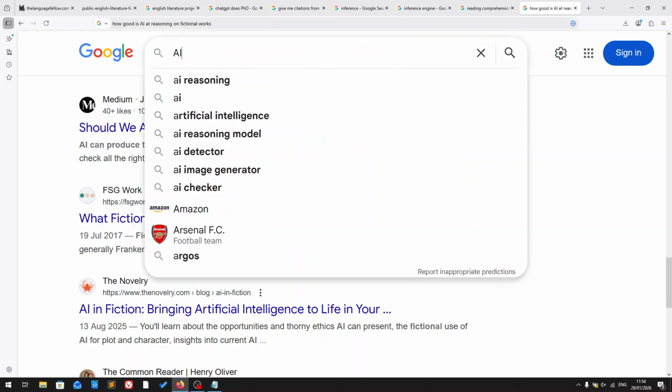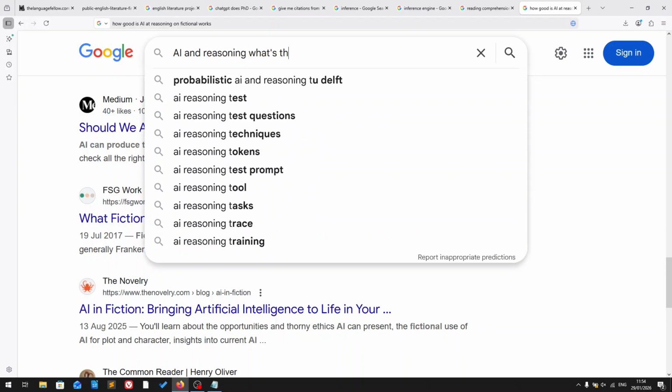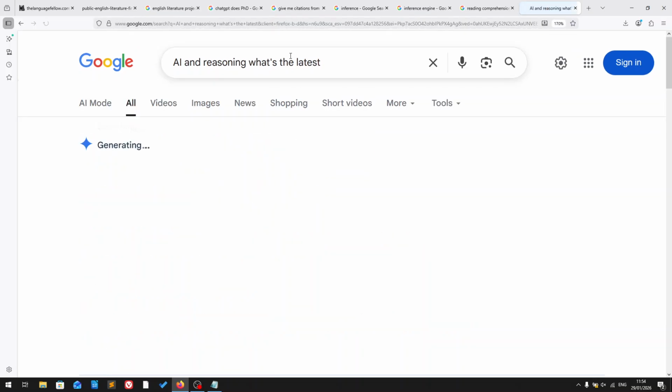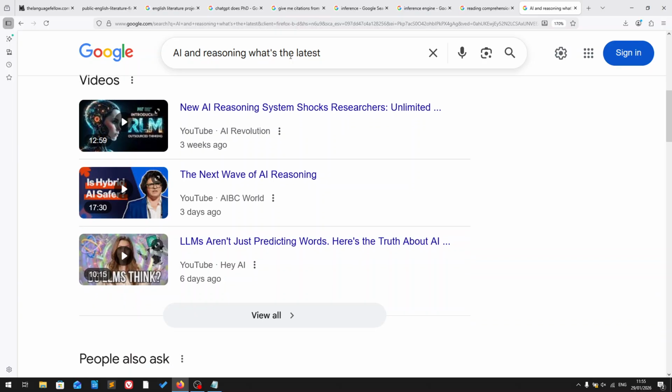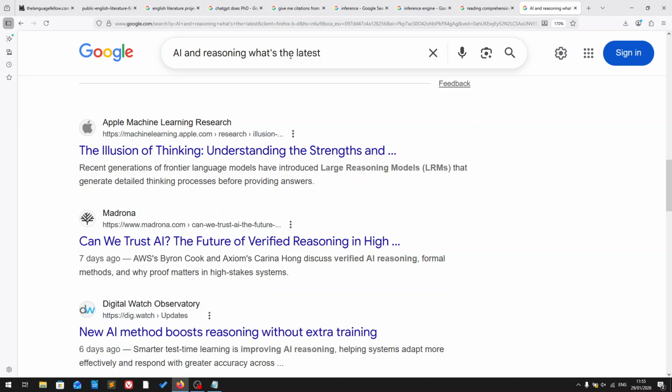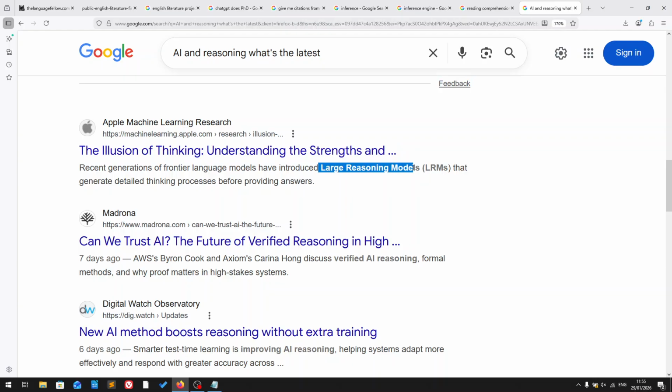AI and reasoning. What's the latest? This would be a good read. Understanding the strengths of large reasoning models, as you can see, right?